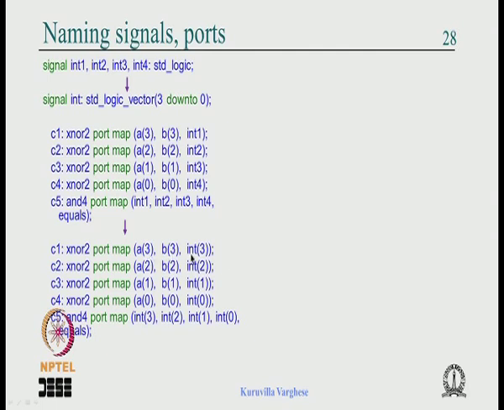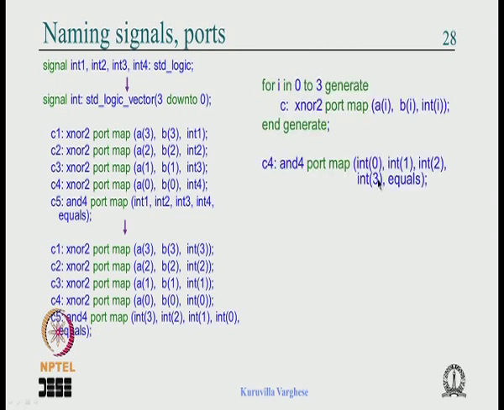So A3, B3, int of 3 comes, and then one proceeds to write a generate loop which captures these 4 statements. So for I in 0 to 3 generate, and this port map A of I, B of I, int of I. And this is not a loop in a conventional sense, it is literally replicated 4 times.